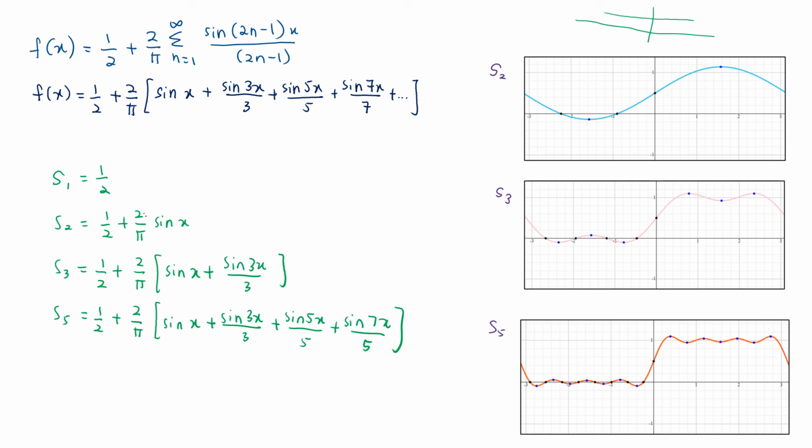And this is the graph for the third partial sum. Okay, you can see that as we increase the number of terms, the graph will approach the shape of the graph of f(x) of this function.